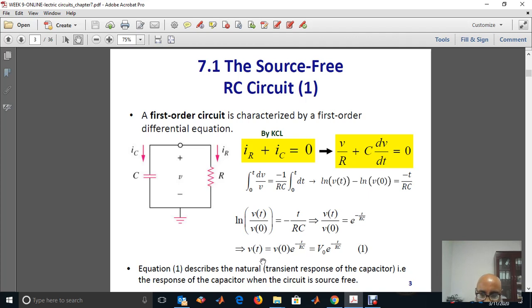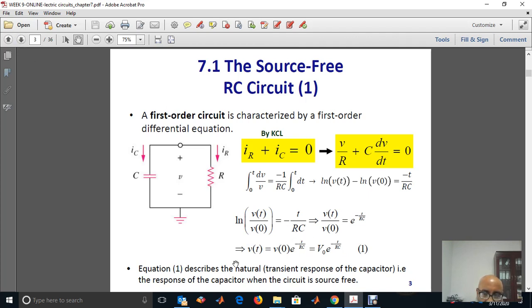Then if we rearrange, we get the voltage across the capacitor, or the voltage across the resistor, is the initial voltage times e raised to minus t over RC. We call this the transient response of the capacitor because there is no source. It is the source-free response.